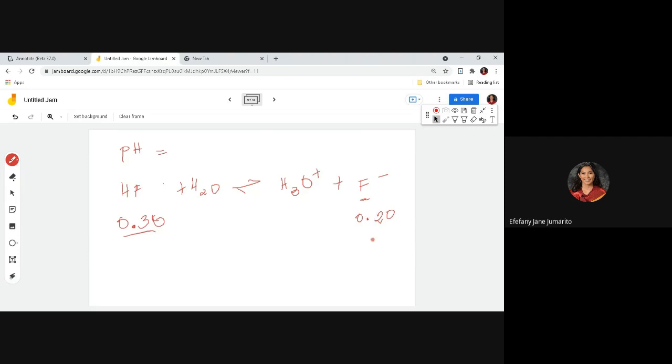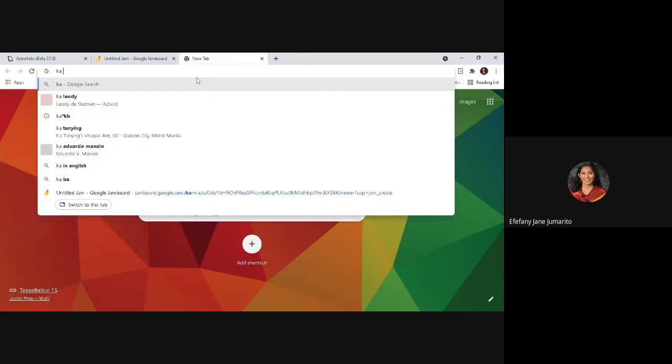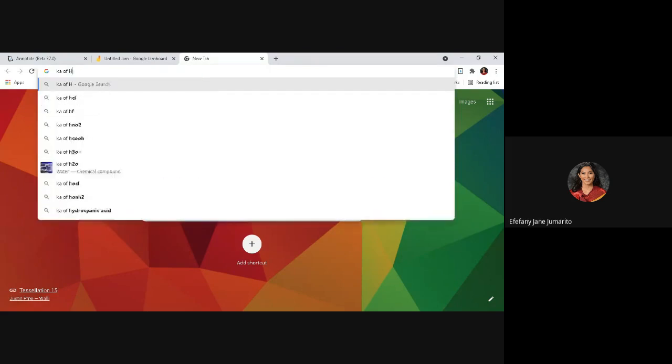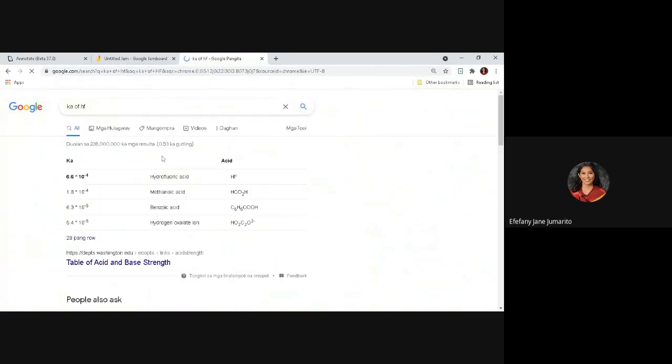We have 0.20. So pH is equal to, what's the Ka of HF? We have 6.6 times 10 to the negative 4.